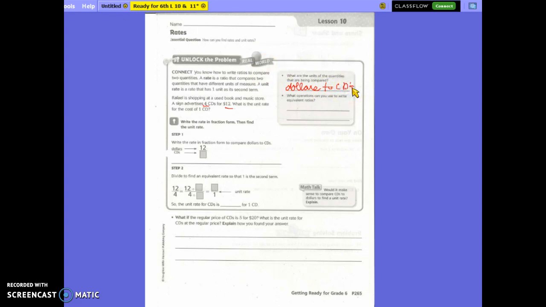What operation can you use to write equivalent ratios? We can use multiplication, and we can also use division.